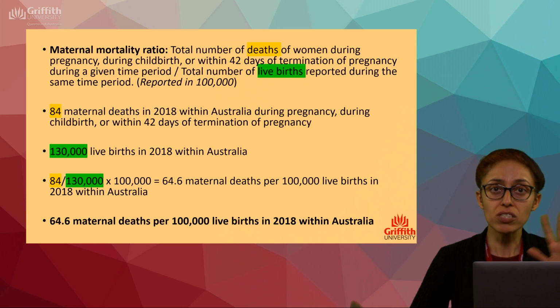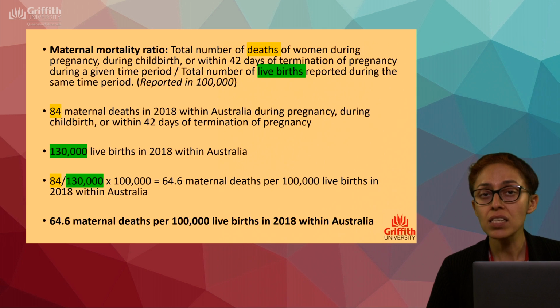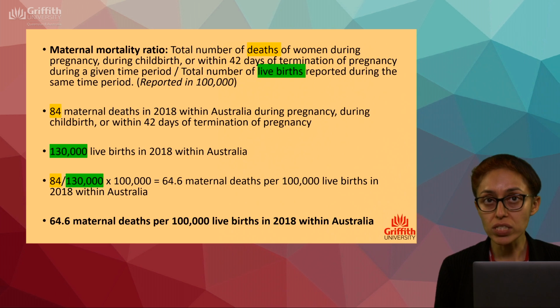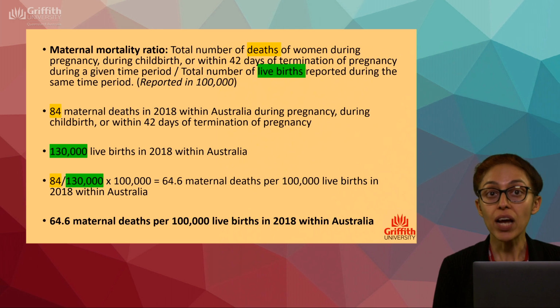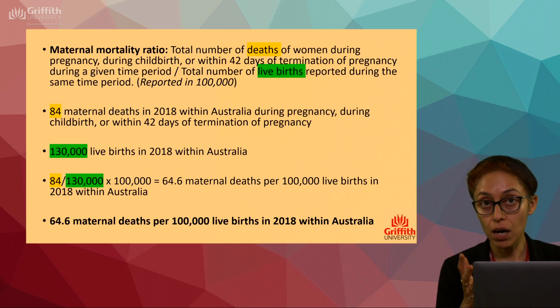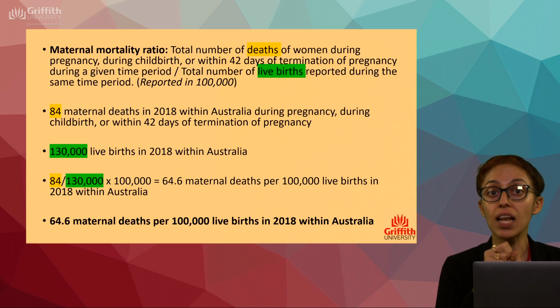Maybe you have this research paper which is reporting that there were 84 maternal deaths because of any of these causes in 2018 in Australia. How many live births were there? How many live babies were born? That was the number in green, which is 130,000. So you have the number in green, which is live births in 2018 within Australia.